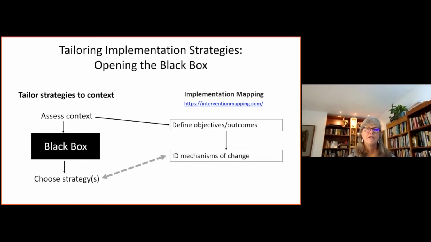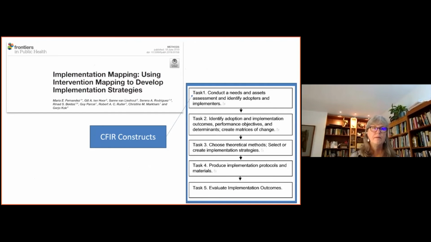And so we have to identify those objectives and then match the strategy that can achieve those objectives. And we also, at some level, need to understand the mechanisms of change, specifically to improving, in this case, networks and communications. So here's a snapshot of the paper that I was referring to earlier.